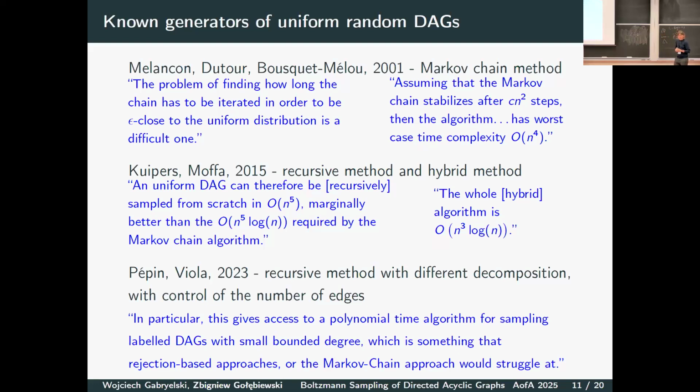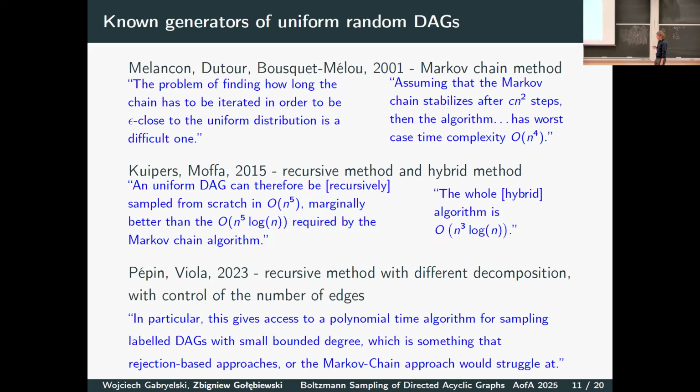As we already saw on Tuesday, even simple looking Markov chains can have a mixing time that is very hard to get. So this was one of the problems of their approach. They did some experiments and later stated that, assuming the Markov chain stabilizes after Cn to the power 2 steps, the algorithm has worst case complexity O of n to the 4.